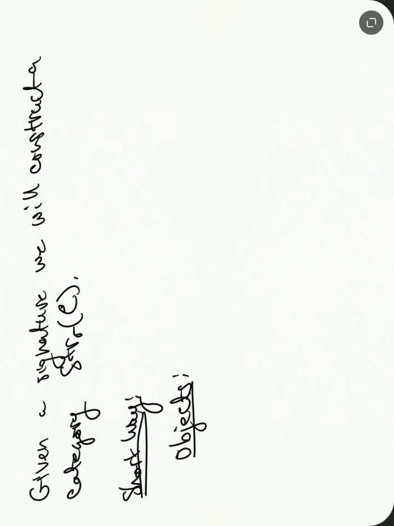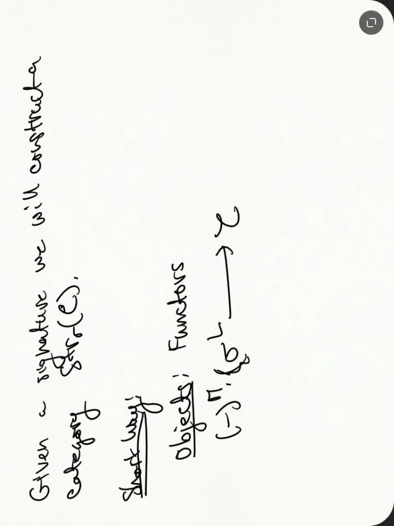The objects here are going to be functors from the Lawvere category to C. We're going to do it like this, with the notation superscript M. And the morphisms are going to be natural transformations.